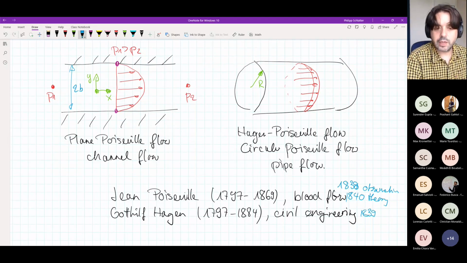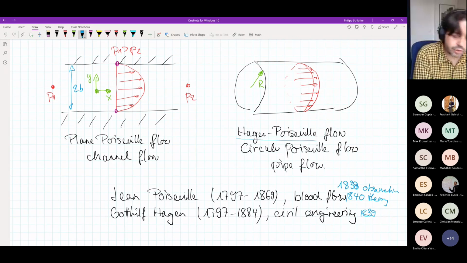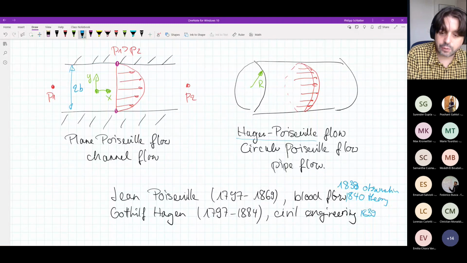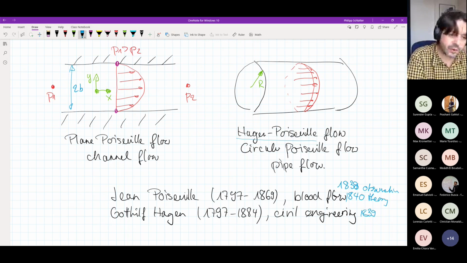But therefore, I think the correct denomination should actually be Hagen-Poiseuille flow, because it was really those two that looked at it. But for us now, at this part in the course, when we maybe cannot deal with axisymmetric flows yet, we just look at the planar version. So we look at the plane Poiseuille flow, the thing on the left.